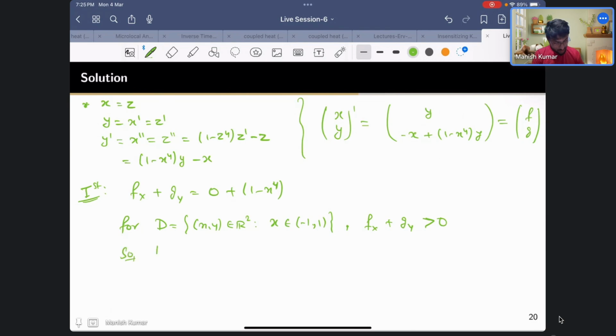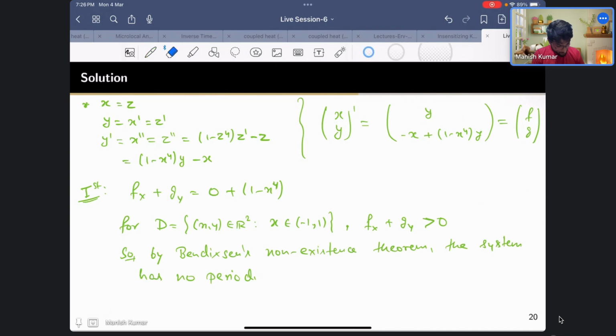So by Bendixson's non-existence theorem, the system has no periodic solution in the domain D. This is a much simpler trick to check whether the system has a periodic solution or not, if the domain is given to you.